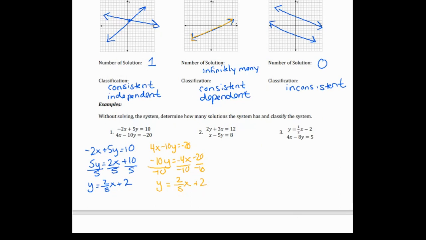If I look at these two lines, I notice that they have the same slope and the same y-intercept. Because they have the same slope and same y-intercept, that means they're the exact same line and they will coincide everywhere. So there are infinitely many solutions.